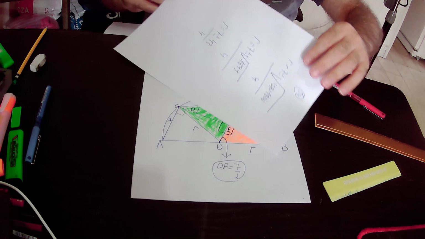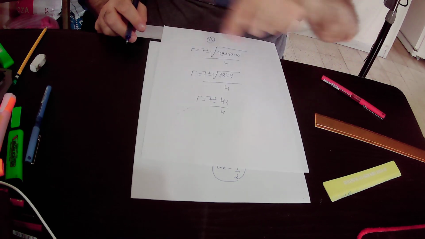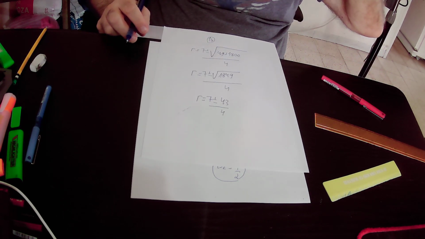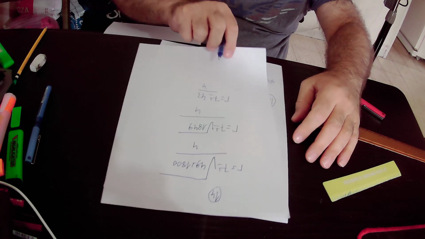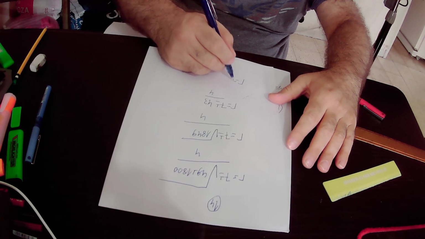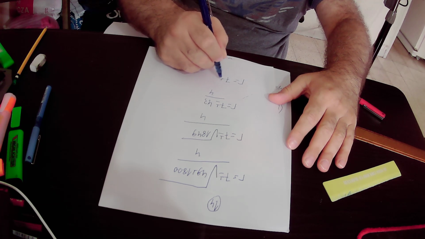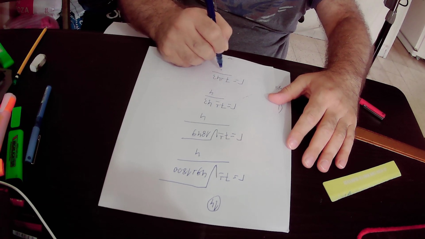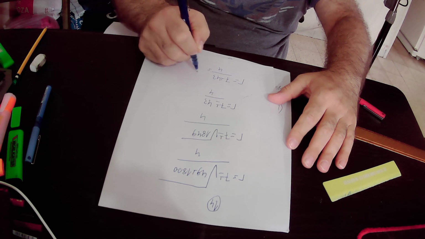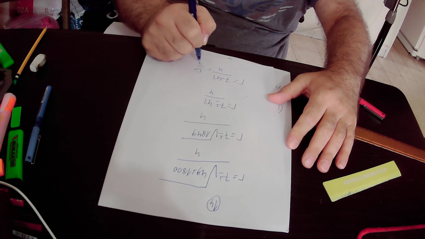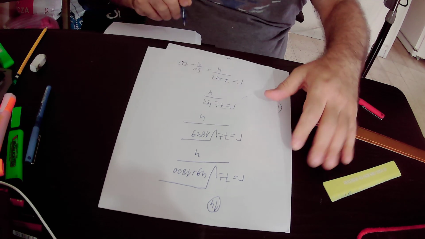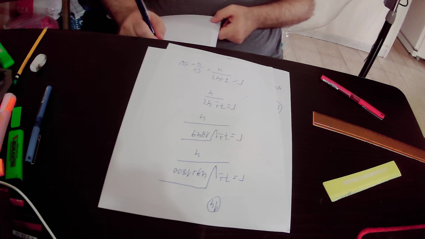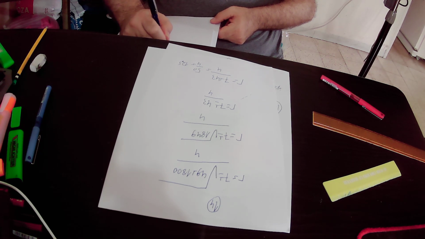So here we have two solutions for r. The first solution is that r equals 7 plus 43 over 4. 7 plus 43 is 50, and 50 over 4 is 12.5. So we found out that r equals 12.5 units.